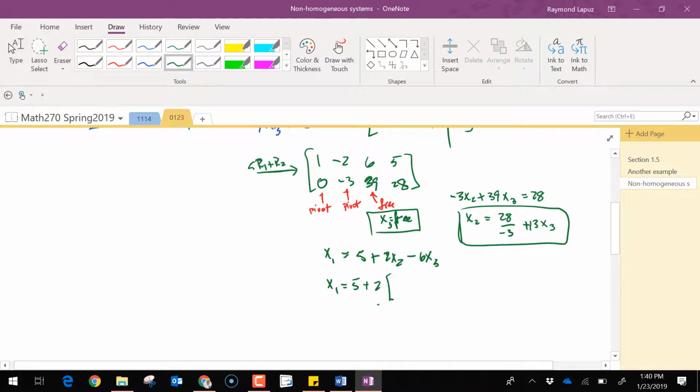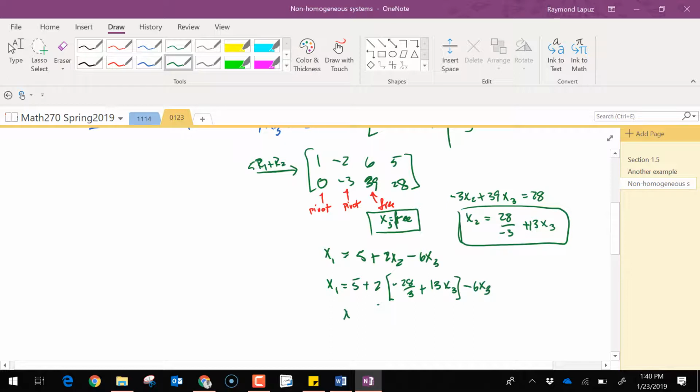So x2 was negative 28 over 3 plus 13x3 minus 6x3, and then we just need to combine.